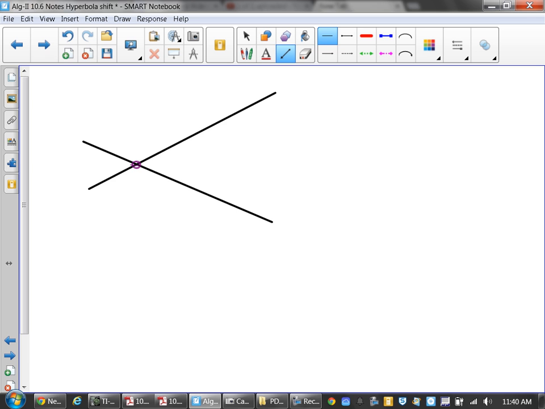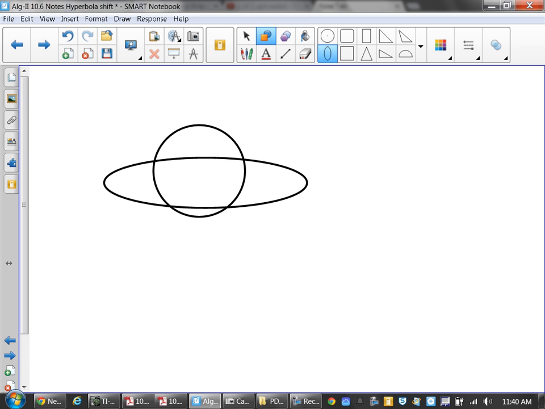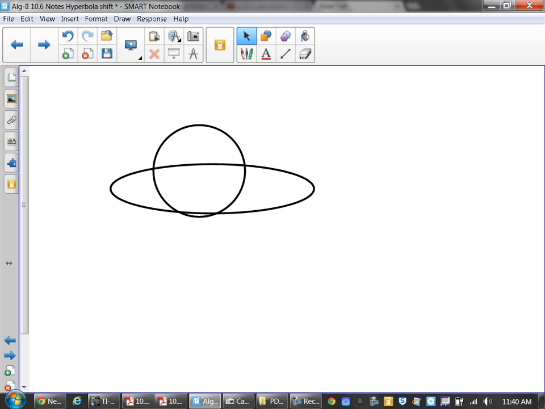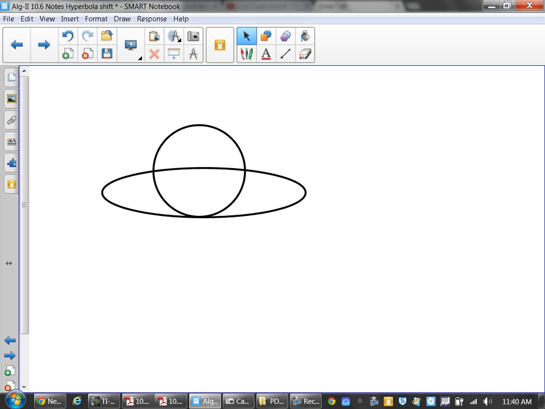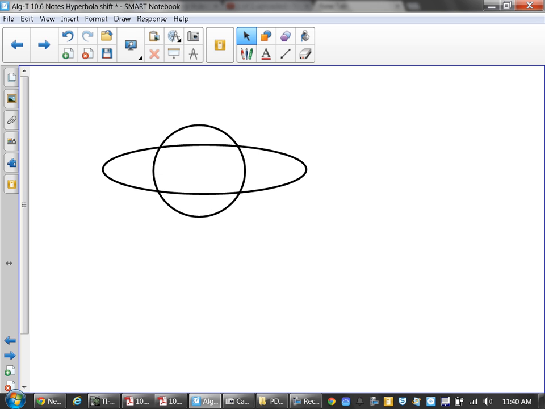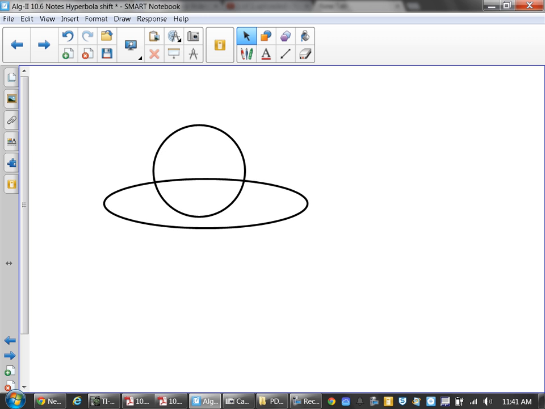Well, we're going to look at it in terms of conics. We're going to look at our circle intersecting with a hyperbola or an ellipse. So if you think about it, a circle and an ellipse could intersect at 2 spots, 3 spots, or 4 spots. Right? Yep, we'll do that tomorrow.